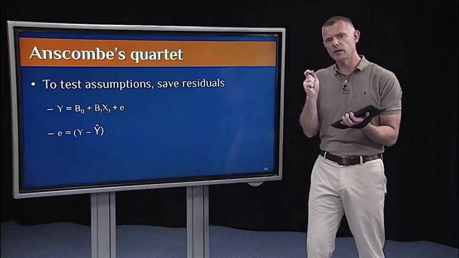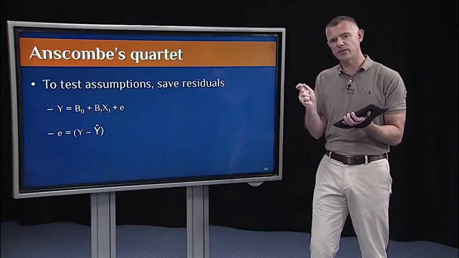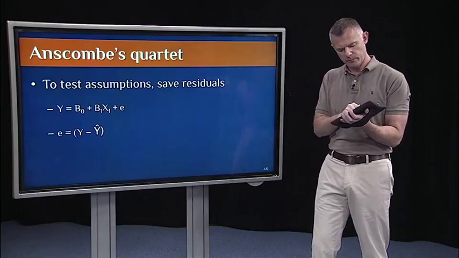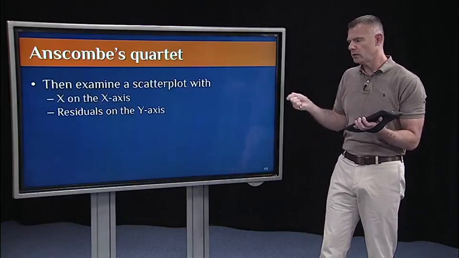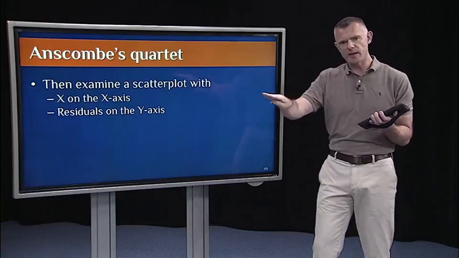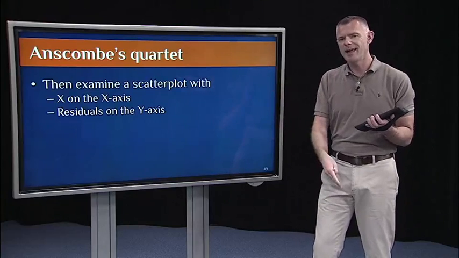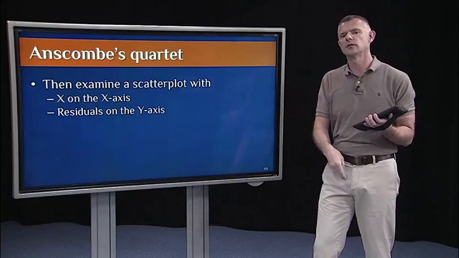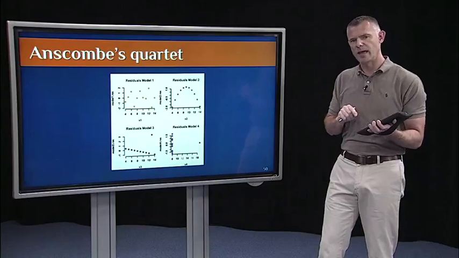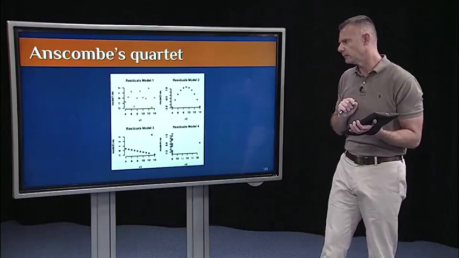We can then look at those residuals as a function of the x predictor variable. So we can construct new scatter plots where x remains on the x-axis, but now let's put the residuals on the y-axis. And here's what it looks like with Anscombe's quartet.